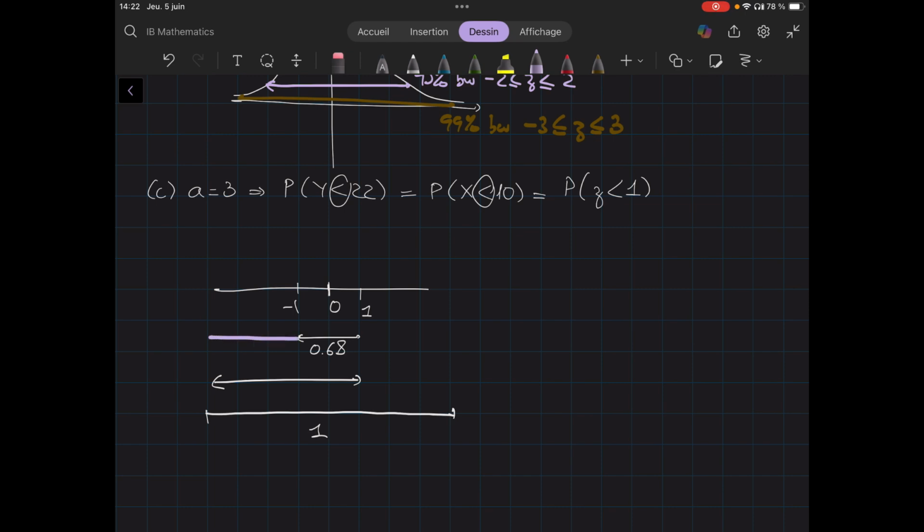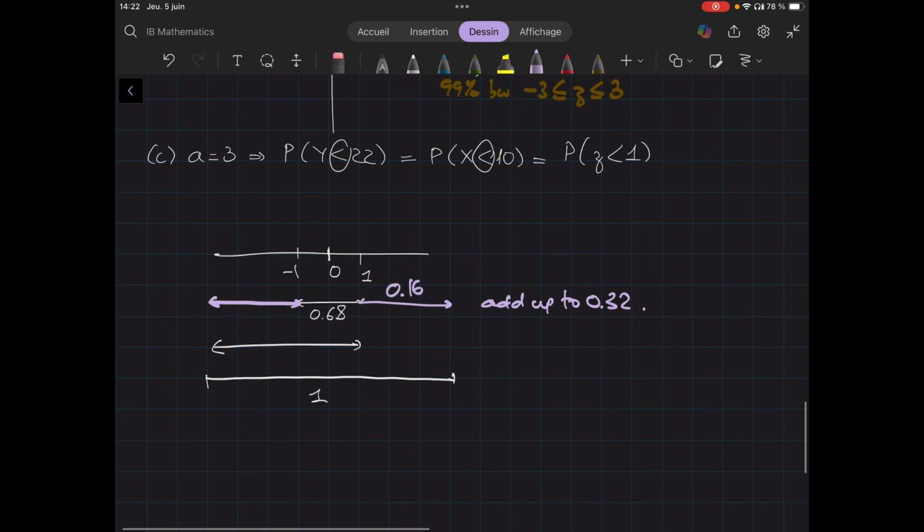That means this purple part and that purple part will add up to 0.32. If the two purple pieces add up to 0.32, one purple piece will be 0.16. This is not the piece we're looking for. How do we find it? This is going to be 1, the entire thing, minus 0.16 that we remove. So your final answer will be 0.84.